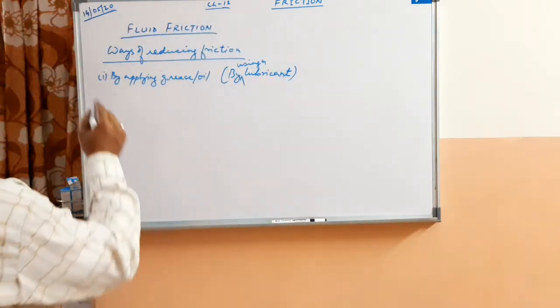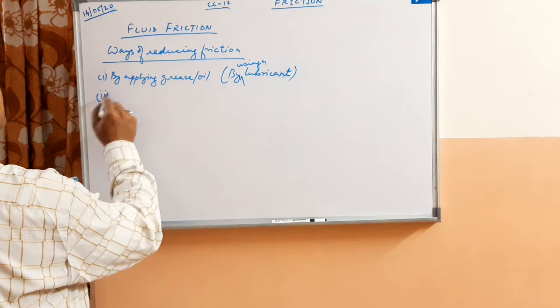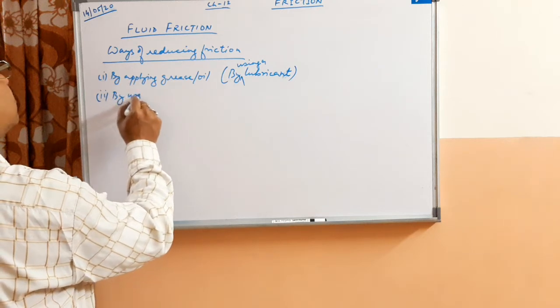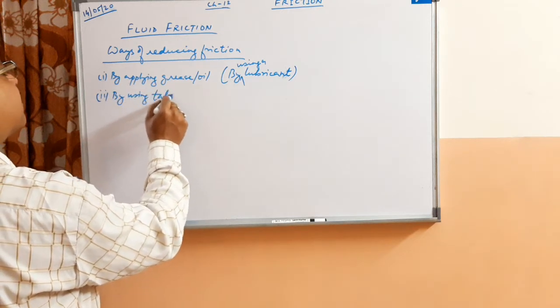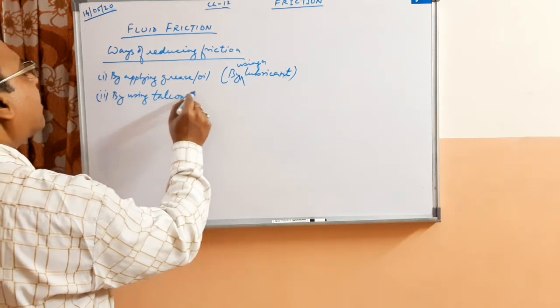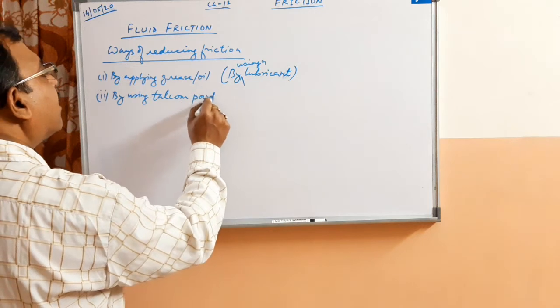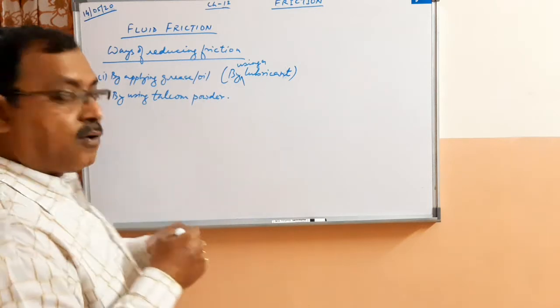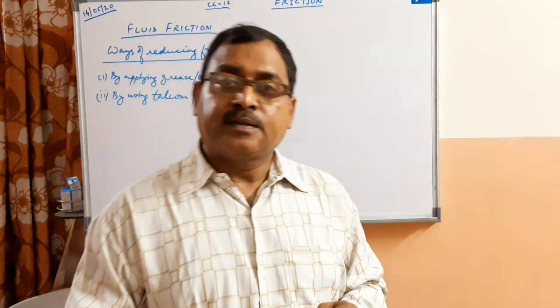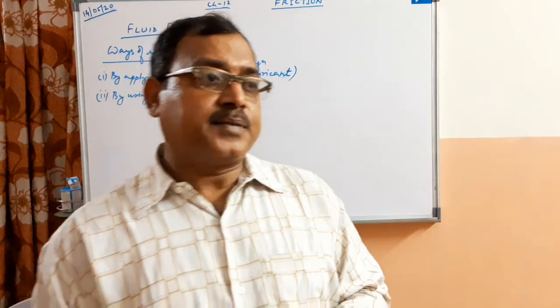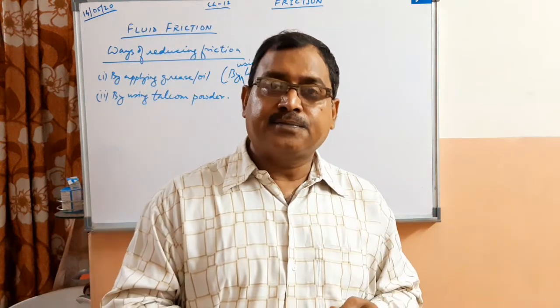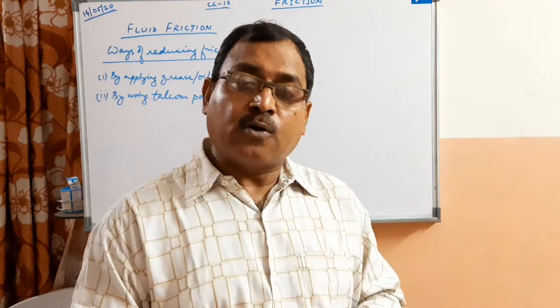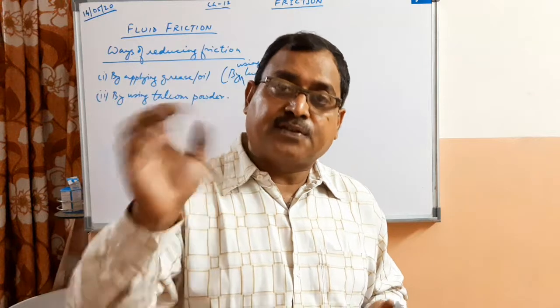Second, by using talcum powder. Now, many of you have the habit of playing carom board. So those who are playing carom board, you know, sometimes you are adding a powder on the surface of the carom board. Now, why is it done?